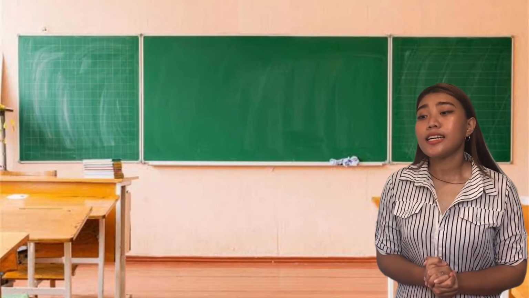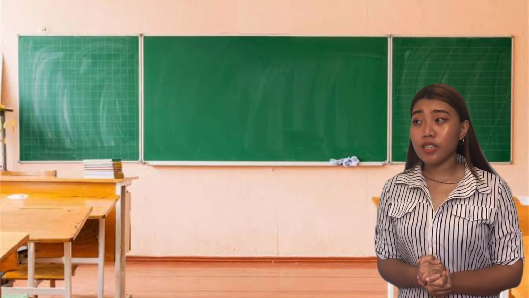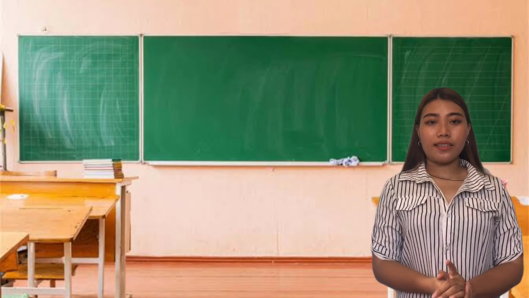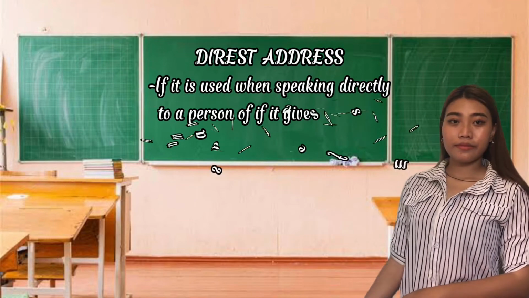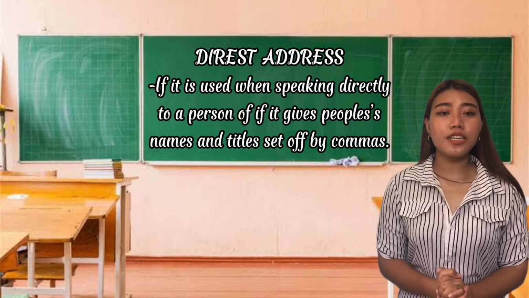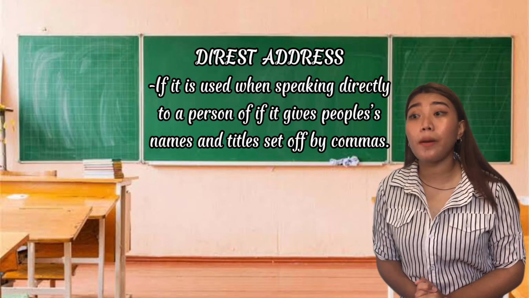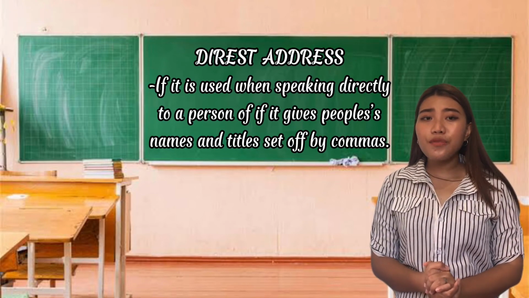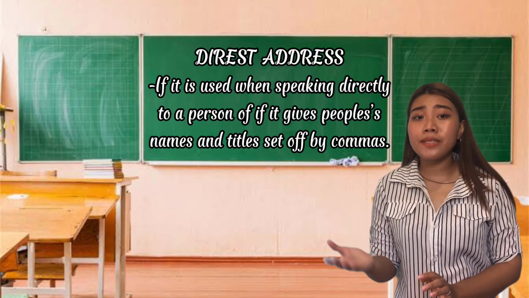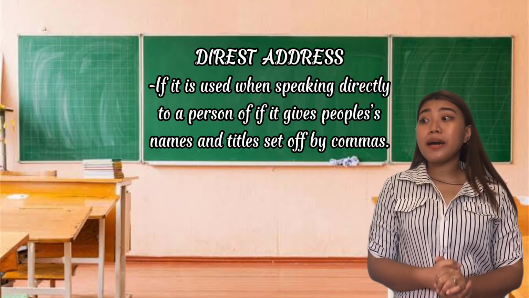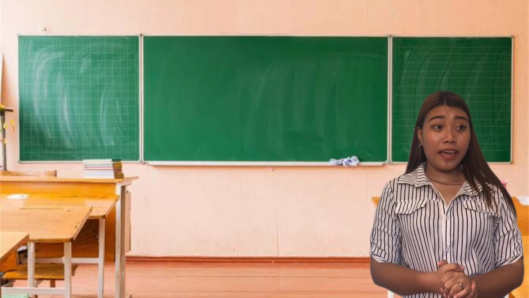Alright. Okay, class. Lastly, the noun function as a direct address. A noun functions as a direct address if it is used when speaking directly to a person, or if it gives people's names and titles set off by commas. Okay?